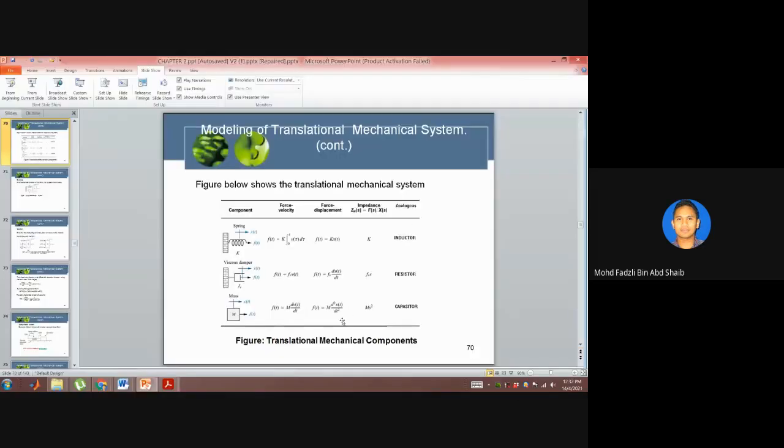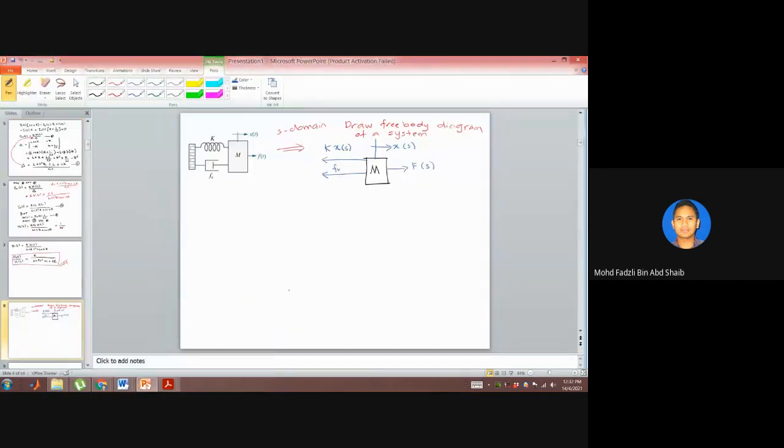This is the rule. So FV needs to times with what? S, times XS. Very good. How about M? M times S squared, times XS. Very good.